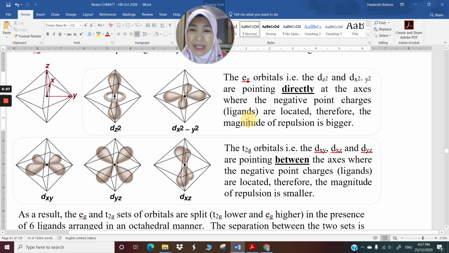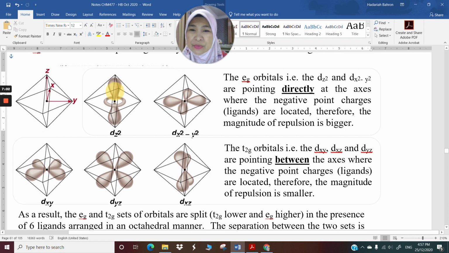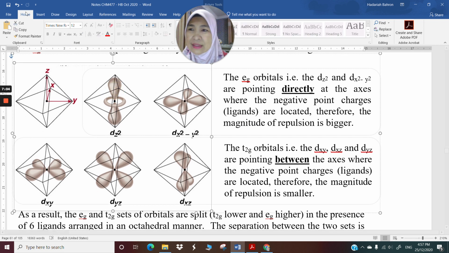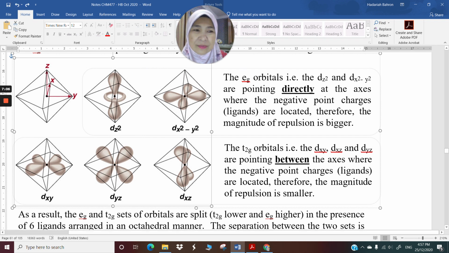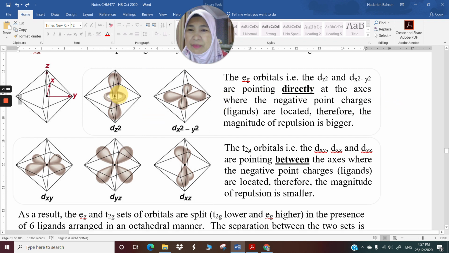So if you have a look at this picture here, yeah, this is moving. This is the picture of dz squared, where the lobes of the dz squared is directly pointing on the z axis. This is the picture of the dx squared minus y squared, where the lobes are pointing exactly on the y and the x axis.